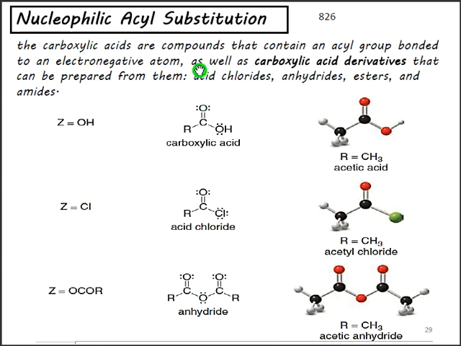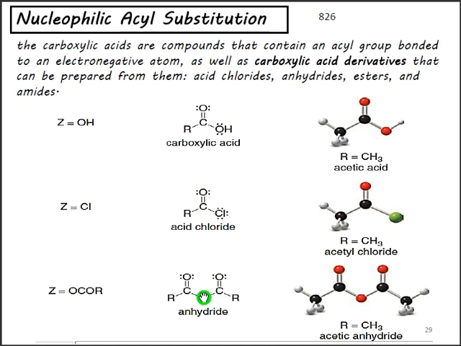And then it says, as well as carboxylic acid derivatives that can be prepared from them: acid chloride, anhydride, ester, and amide. Okay, carboxylic acid derivatives. Then, if you replace this OH with chlorine, it will be acid chloride. And if you replace the Z group with oxygen, carbonyl, R group like this, it will be anhydride.